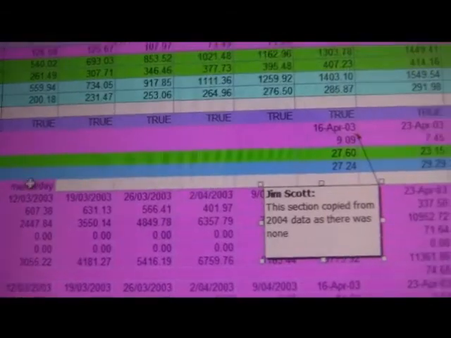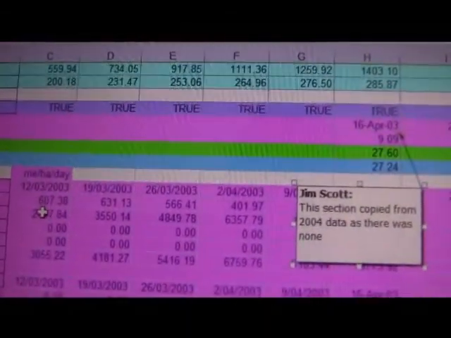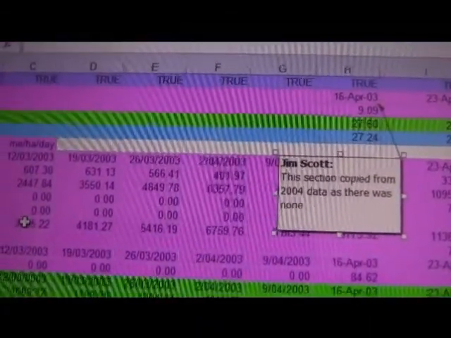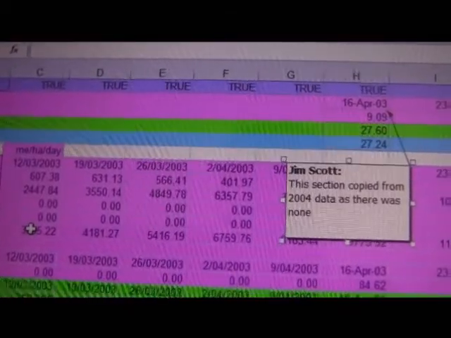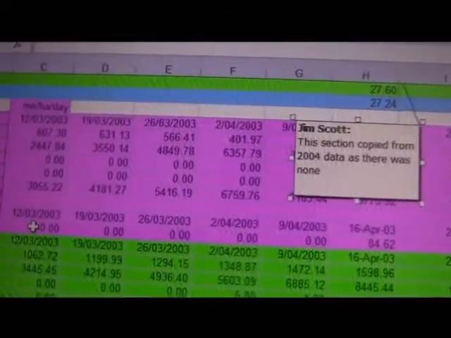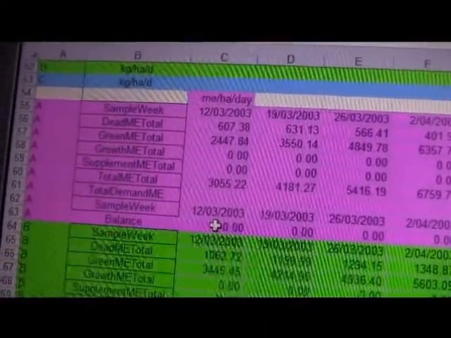So pasture growth rate, herbage mass, and their percentage, green percentage or dead herbage, are being included in the calculation of pasture supply.